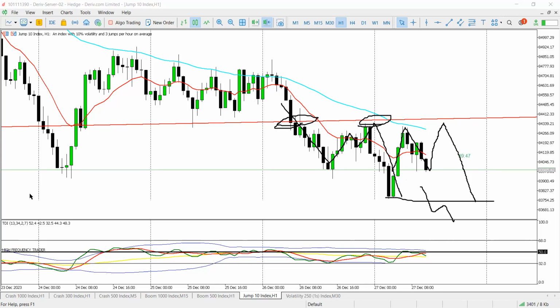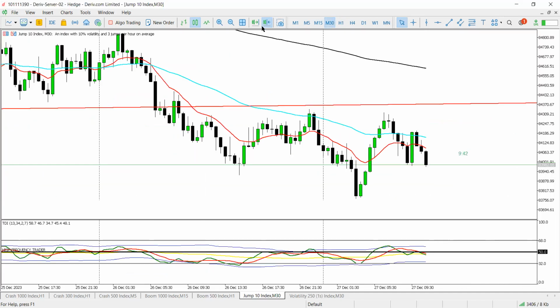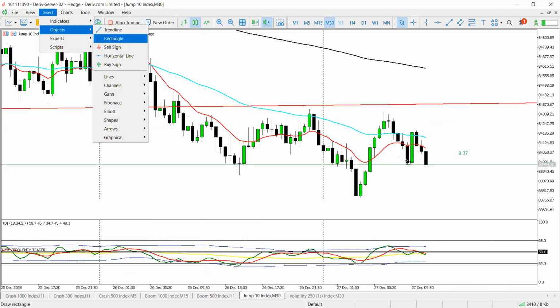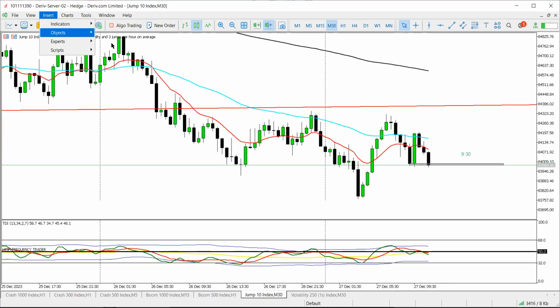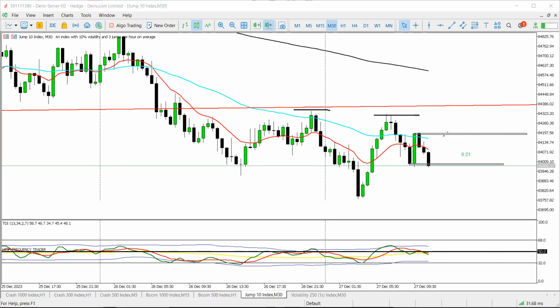So I'd say for J10, let's rather wait. Okay, we've got this zone here. I would love to see price take out these highs before selling.